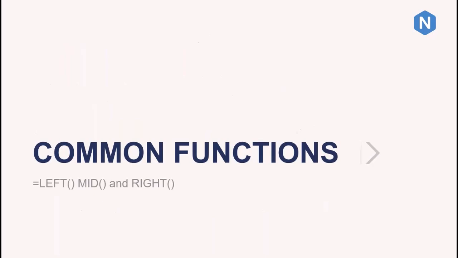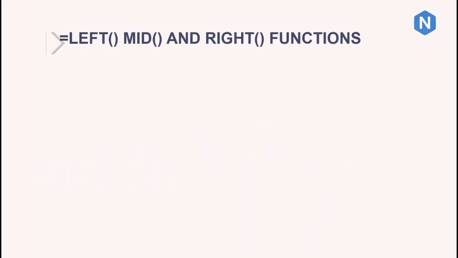Okay, combined with that, I often do LEFT, MID, and RIGHT. This is a way of trimming strings down, either keeping the left, keeping something in the middle, or keeping the right. And that's kind of what these functions do here: LEFT, MID, and RIGHT as functions. You basically give it some text, a string of some sort, and you tell it how many characters you want to keep.